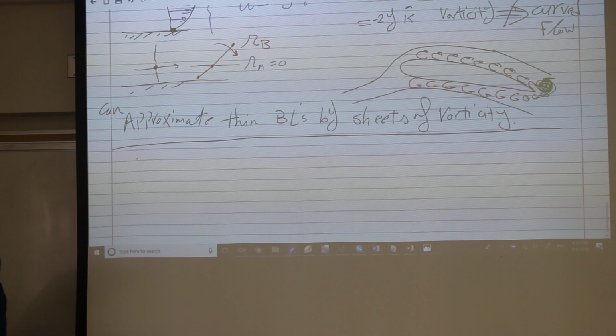So circulation. Anybody remembers the definition of circulation? Integral over a closed contour of u dot dx, right?